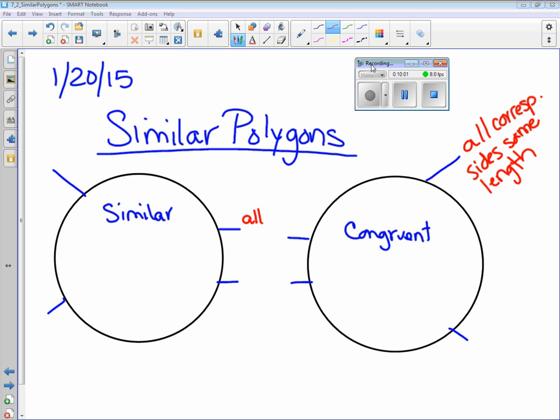So all corresponding angles are congruent, have the same measure. So the angles are congruent. Angles are the same measure for both congruent and similar.